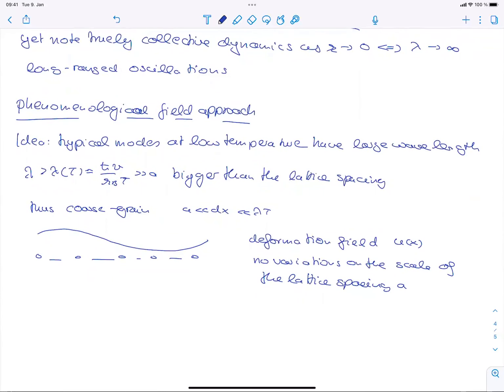And I want to emphasize that I have no idea in which context you will come up with saying, I want to write down a field theory to solve my problem. And so I would really like to emphasize that you should be aware and also write it down to yourself, but also to any reader of your thesis, your paper, whatsoever: what is the assumption you're putting in? And even though it's very clear that this assumption should be verified, to you, it's very important to note it down.